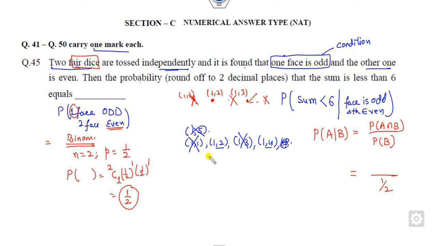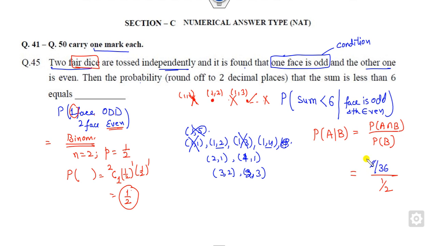Similarly, 2,1, 2,3, 4,1, and 3,2, that's 5 which is less than 6. 3,4 is not there. The rest of the pairs can't be less than 6. So how many pairs are there? 6. So that is 6 by 36.